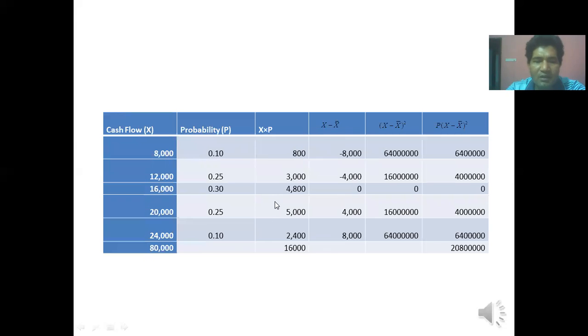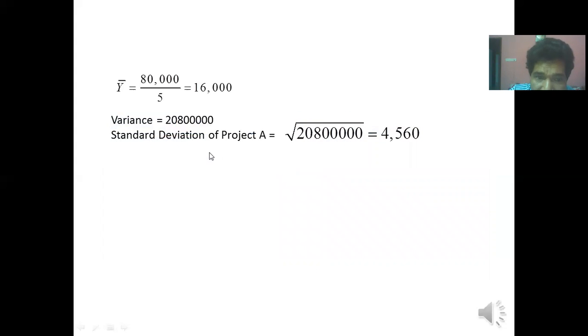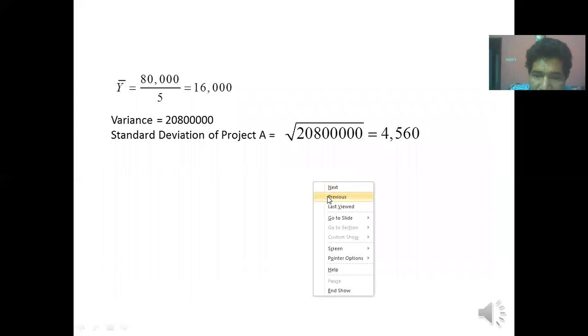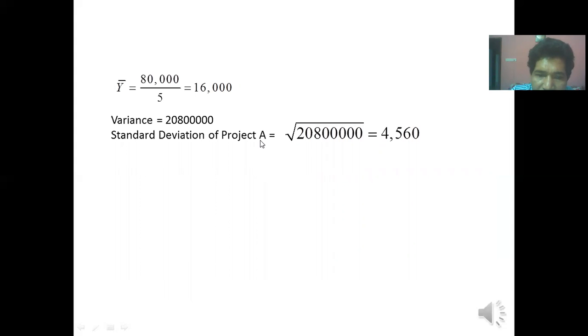In the previous page we saw how the calculation is made, and in the same way we have got this amount. This is the variance and standard deviation of project Y, and the standard deviation of project Y equals 4,560.